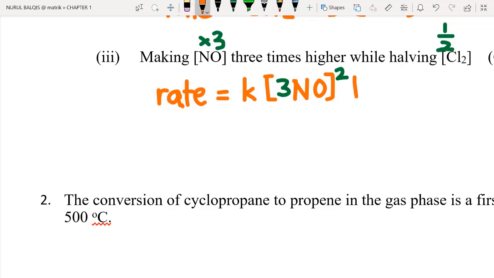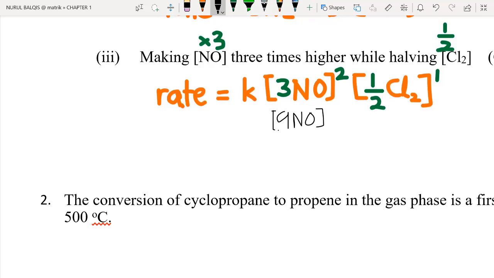And then followed by your Cl2 now is times with 1 over 2 to the power of 1. So we know that 3 to the power of 2, we're going to get 9. So we're going to have 9NO squared. And then for this 1 over 2, we're going to have 1 over 2 Cl2.